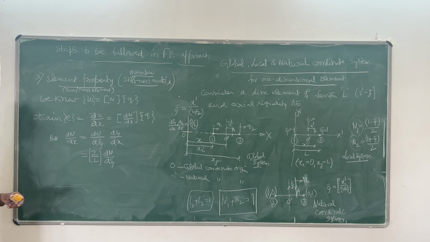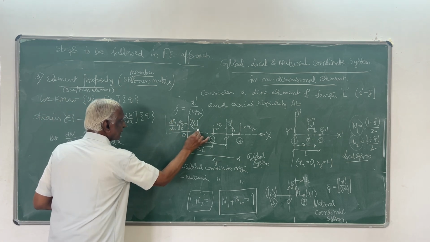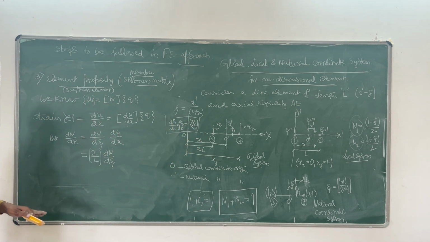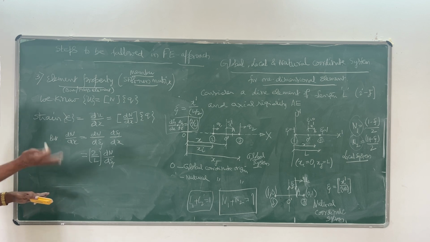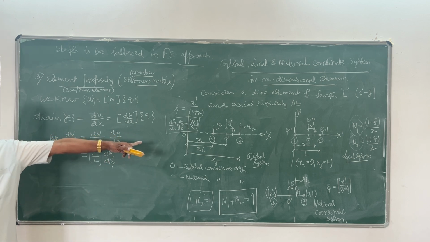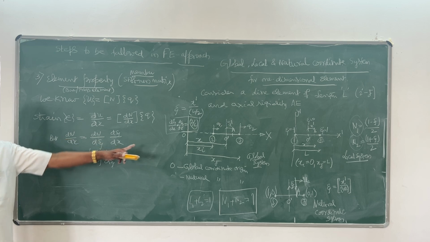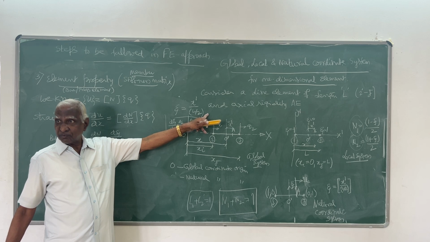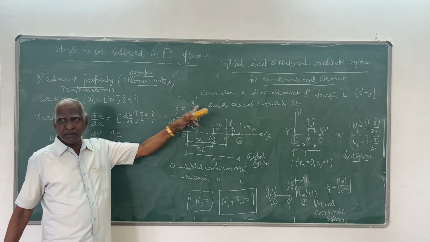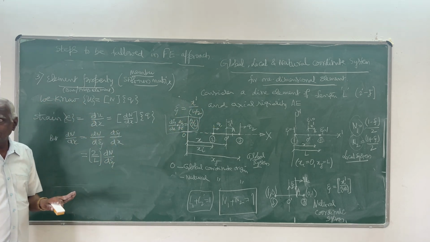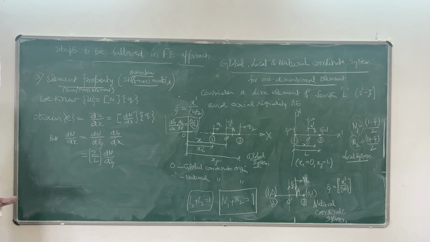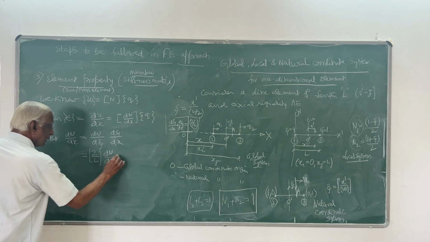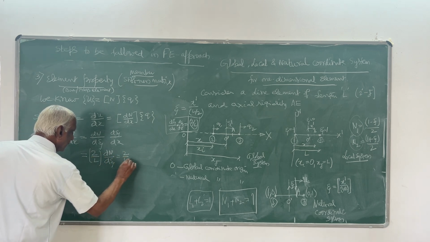That's an important property. You have to remember, it is always 2 by L. Further also, in beam problems also, we will be using this. You remember this property: one is defining the natural coordinate system and its derivative with respect to local coordinates. Local or global, they are one and the same. So that is 2 by L.